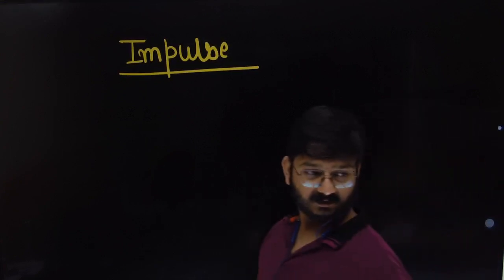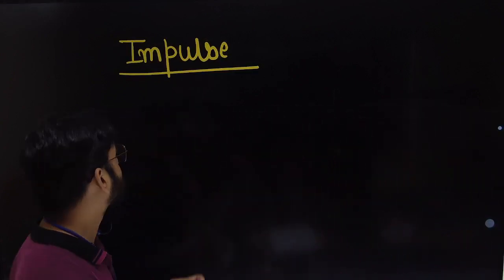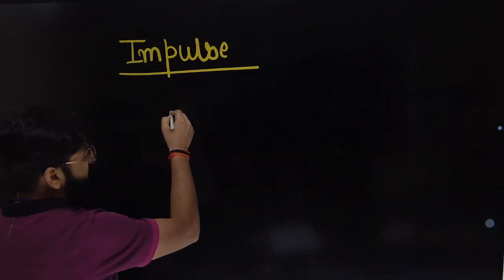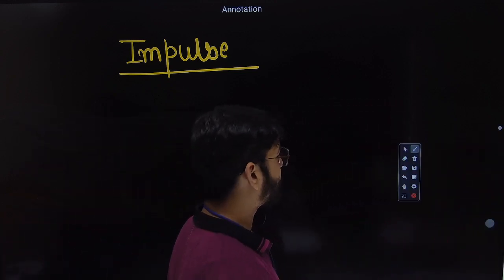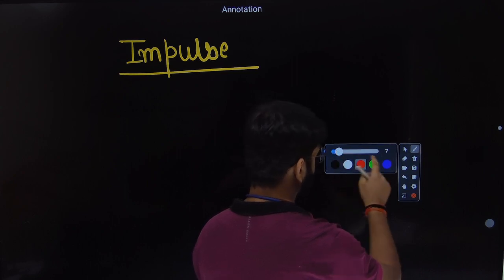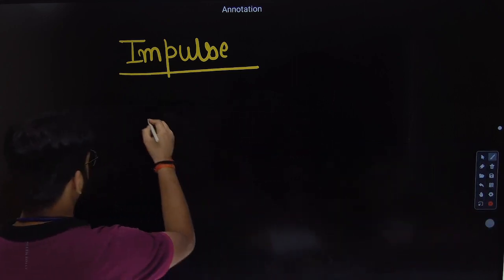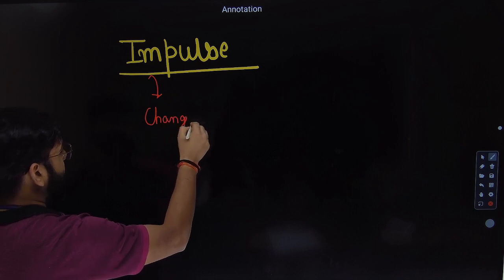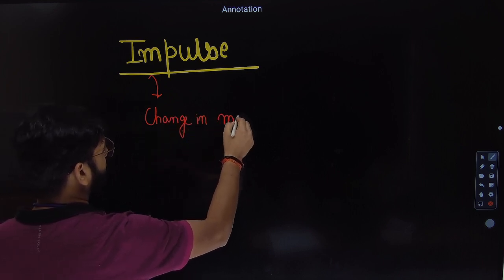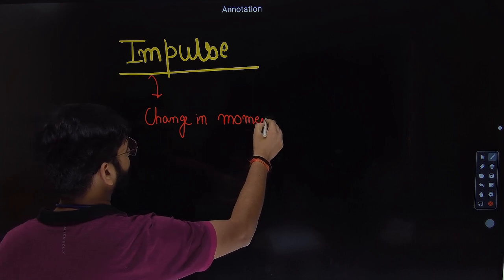Okay. All of you write down the heading impulse. So what is impulse? Change in momentum. Impulse is basically change in momentum. Anyone has problem with red color?